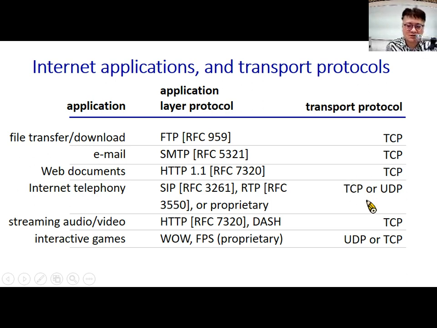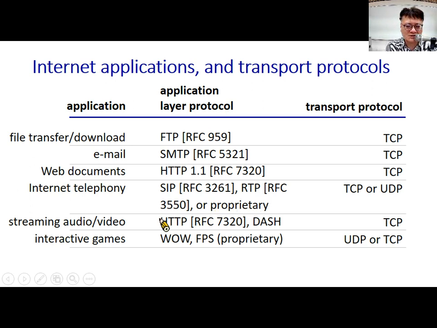But for real time, most of the time we use UDP, because we don't care about the quality of telephony over the IP network. So we use a UDP proprietary protocol, maybe SIP or RTP or a proprietary one.